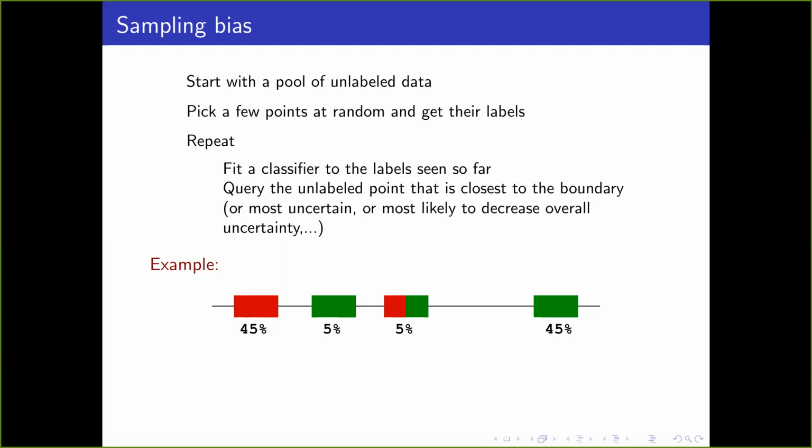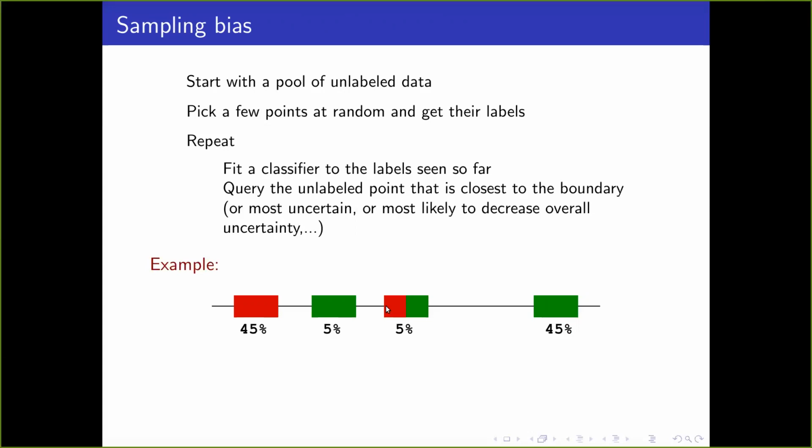right? So then you'll have some labels, and you'll go, all right, I'll just split in the middle. So you have this middle 5% of the data, and then you're going to query for examples in that middle 5% of the data, because that's nearest to the boundary.